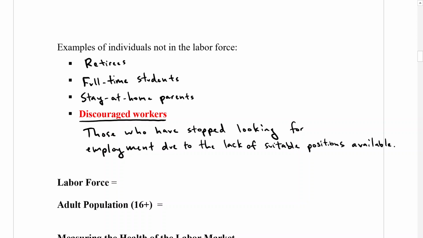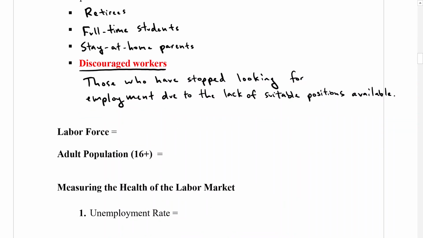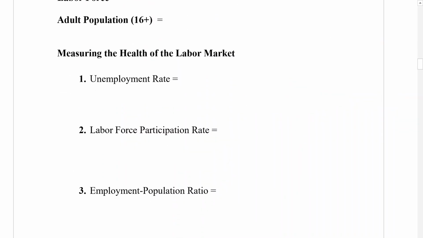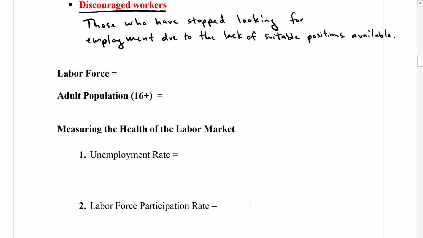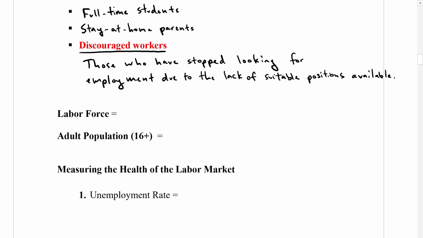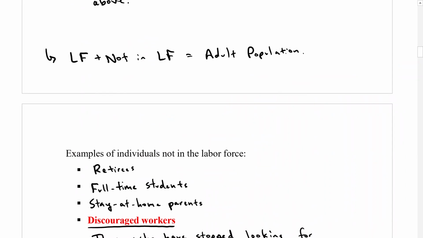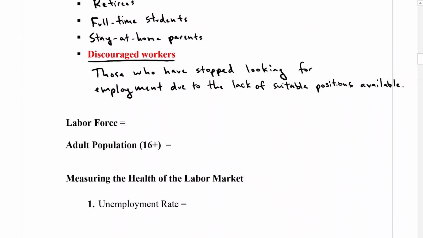Okay. One other thing before we write these down. We'll come back to that. Okay, so to look at how we can use these definitions to calculate unemployment statistics, first we have the labor force, which I mentioned up above.